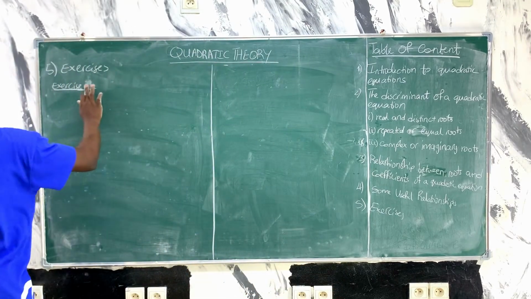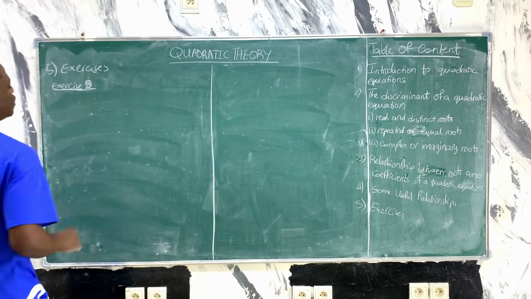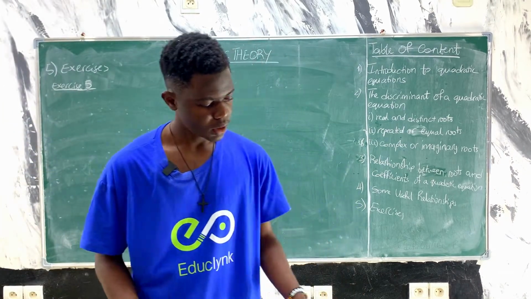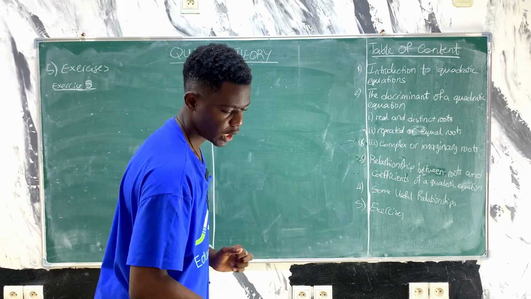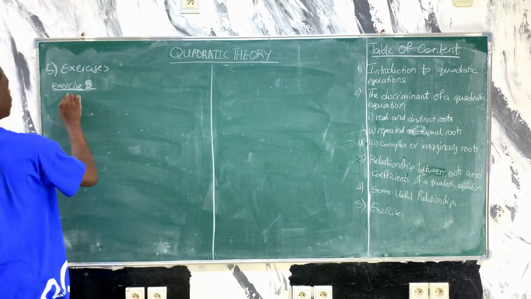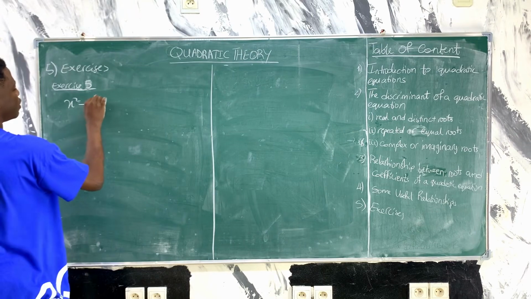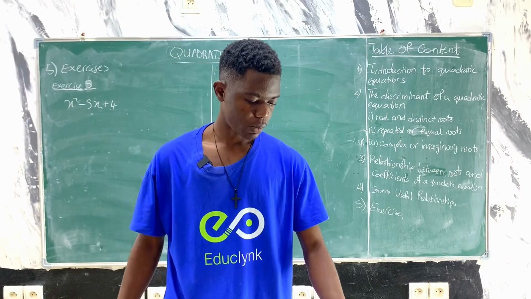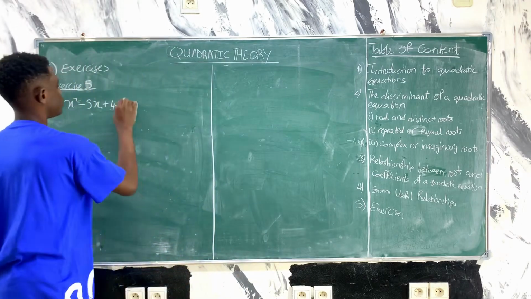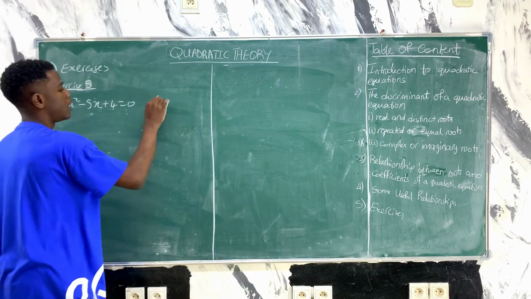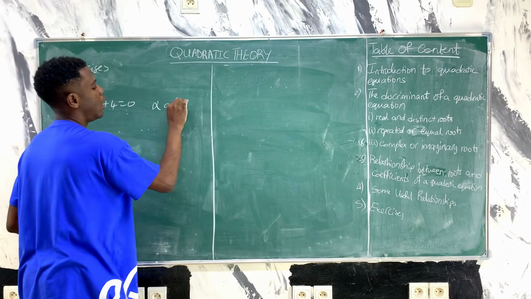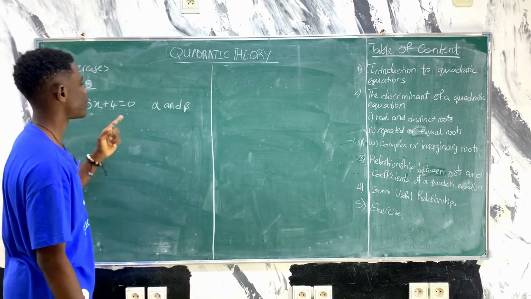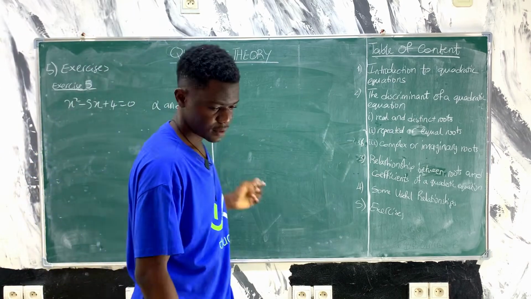So let's take exercise 5. Given that the roots of the equation x squared minus 5x plus 4 equal to 0 are alpha and beta.